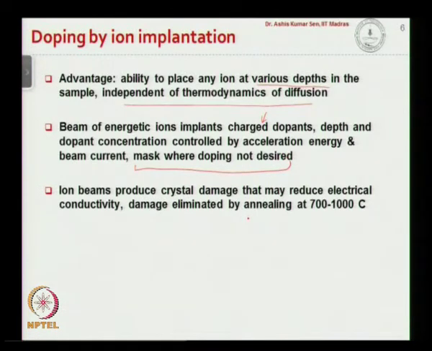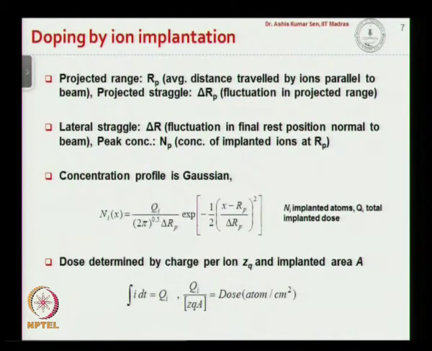So if you anneal the substrate after the ion implantation at 700 to 1000 degree centigrade, you can overcome the crystal damage. So in the context of ion implantation, there are few terms that need to be defined.